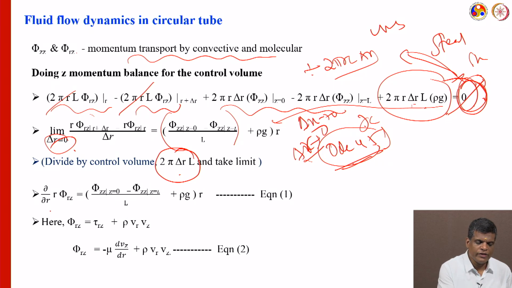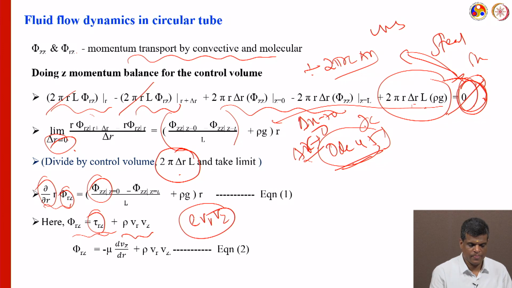So now we got this pi of z here, you differentiate this one. Before that, the pi is the pi of r z equal to tau r z plus rho of v r and v z, both will come here. So one is for Newton's first law, we can use Newton's law directly. The other one is for convective.